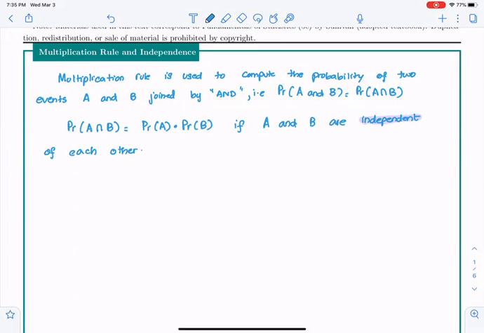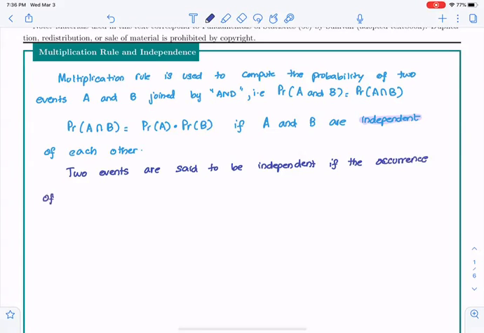Two events are said to be independent if the occurrence of one event does not have an effect on the occurrence of the other.